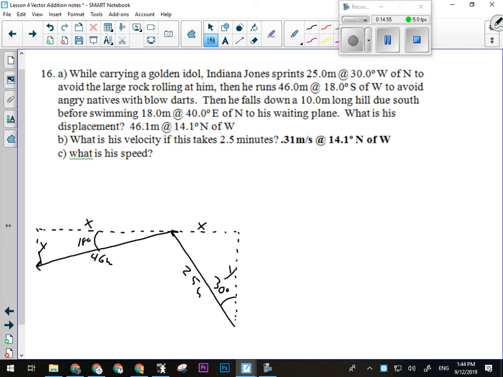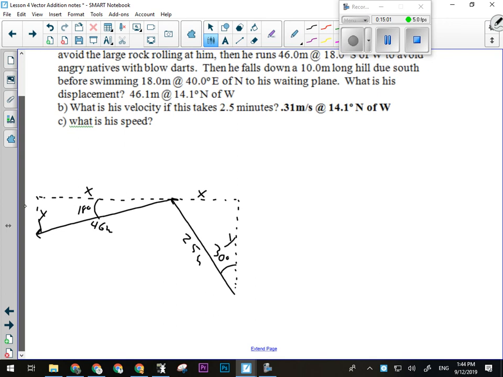And then my last vector, he falls down a 10-meter long hill. Oh, sorry, second last vector. There's actually 4 here. Due south. So 10 meters due south. All right, and then 18 meters at 40 degrees east of north.